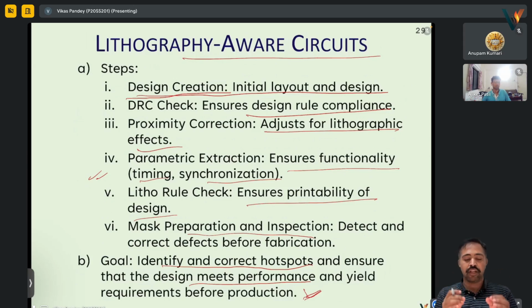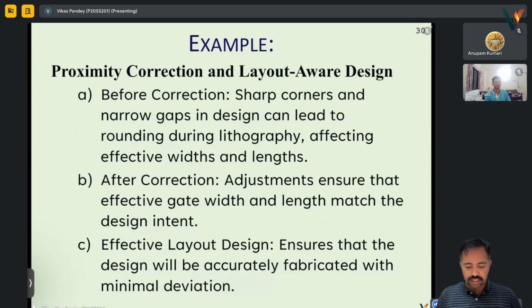So we have to ensure that at the starting itself, in the designing itself, we have a perfect design, as perfect as possible, so that we are able to get reliable, optimal, and good yield.